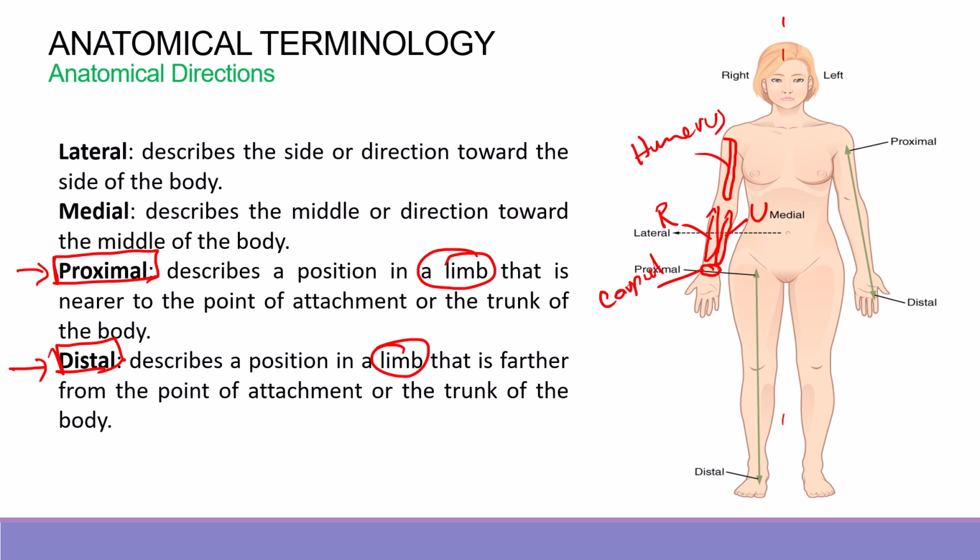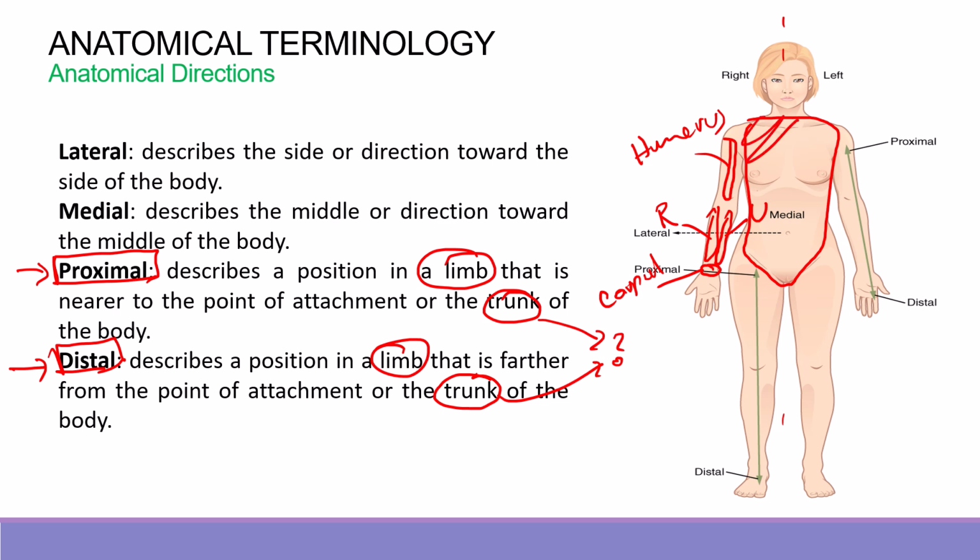Important here, the trunk is going to be the reference point to determine what's proximal versus distal. What is the trunk then? Because you need to know what the trunk is in order to decide if something is proximal or distal. The trunk is this region of the body that is composed of the chest, so thoracic region, abdominal region, and pelvic region.